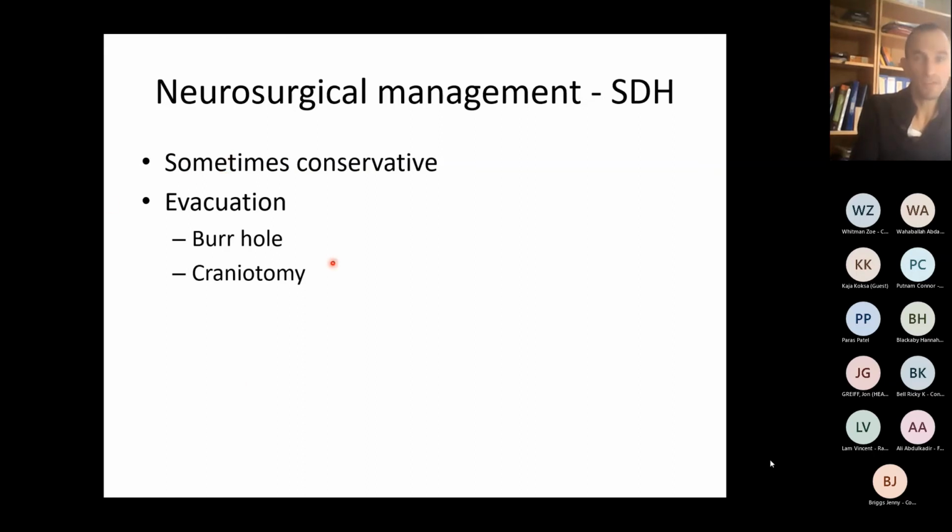Those patients are more likely to be managed conservatively, and they're more likely to have a poor outcome. If you have a bleed into the brain and that affects the consciousness or the very fundamental parts of that person's homeostasis, they're probably not going to survive. That's why brainstem lesions are so devastating.